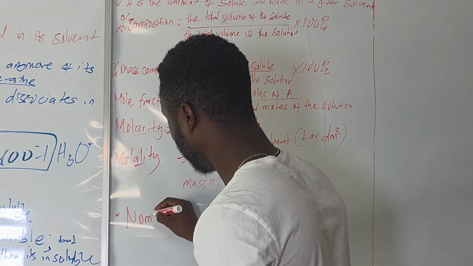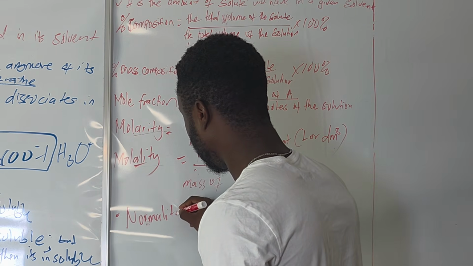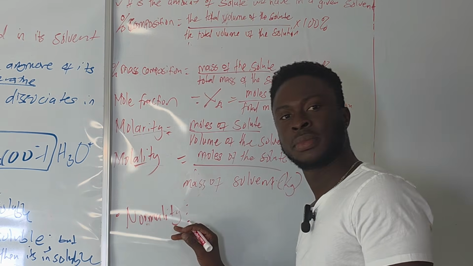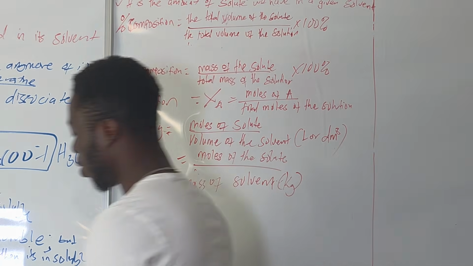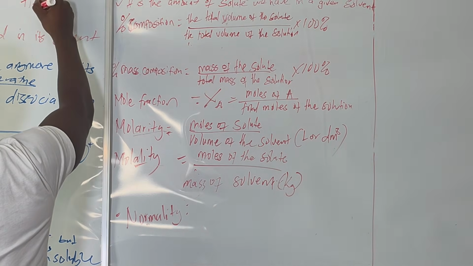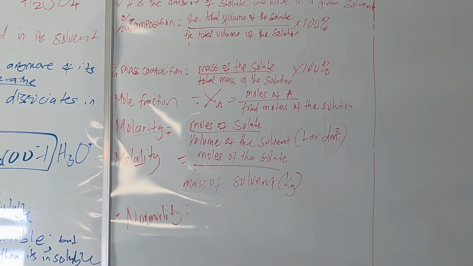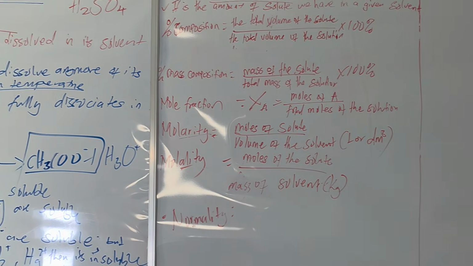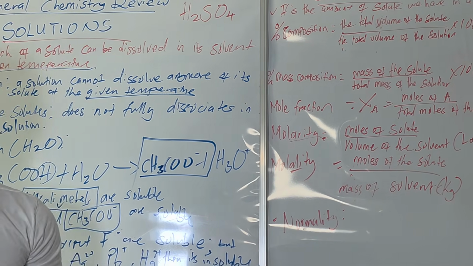Normality. Now, when we talk about normality, let's say we have this compound over here, H2SO4. We've tackled this before. We are dealing with acids and bases, and we want a proton donor, so that means we are interested in protons.